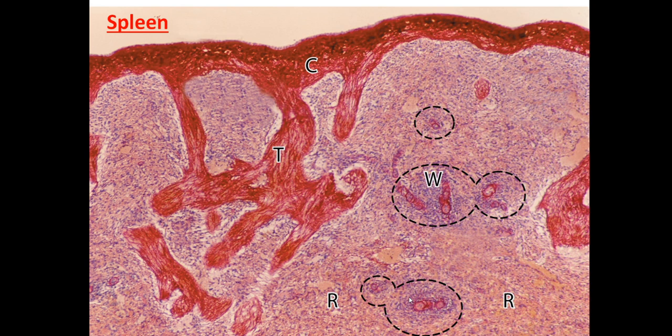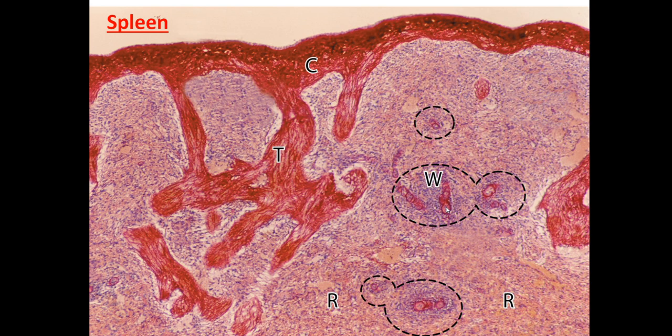The lymphatic nodule in the spleen represents the white pulp. Here there is neither cortex nor medullae; there is white pulp and red pulp. The white pulp represents the lymphatic nodule, embedded in the red pulp, which consists of splenic cord and splenic sinuses.